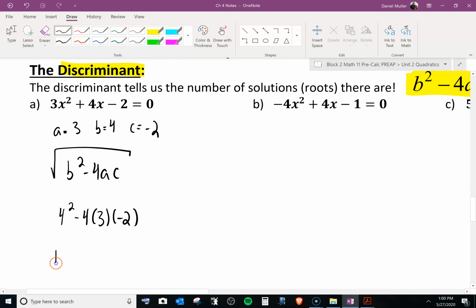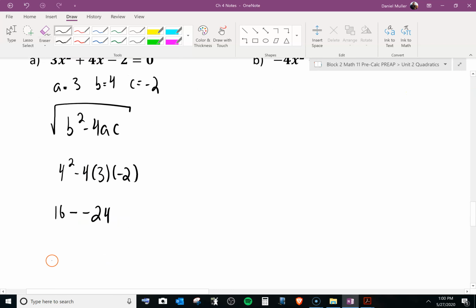So 4 squared is 16 minus 4 times 3, which is 12, times negative 2 is negative 24. There are two negative symbols here, so that becomes a positive. So I'll have 16 plus 24, which is 40.